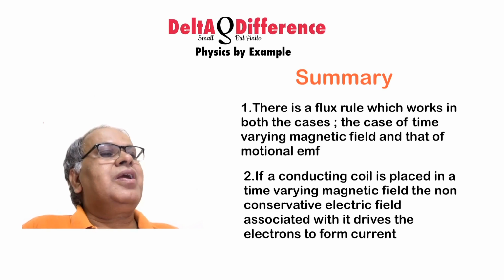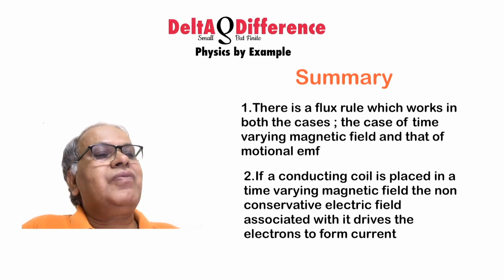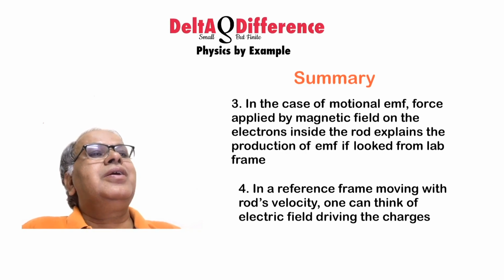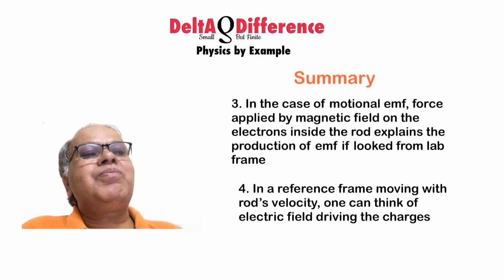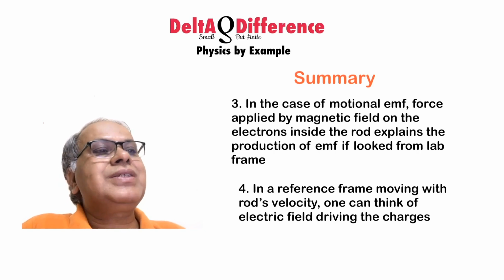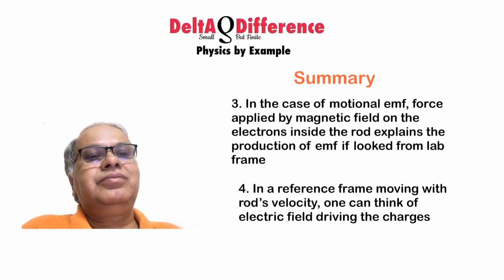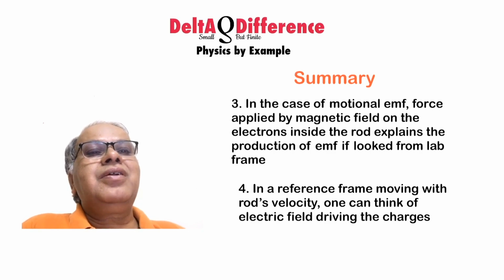If a conducting coil is placed in a time varying magnetic field, the non-conservative electric field associated with it drives the electrons to form the current. And in the case of motional EMF, the force applied by the magnetic field on the electrons inside the rod explains the production of EMF if you look from the lab frame. When you stood in the lab frame and watched the current flow, you could provide an explanation for the EMF generated.